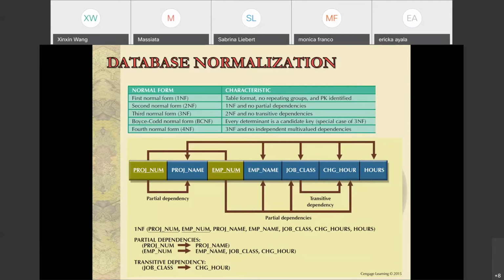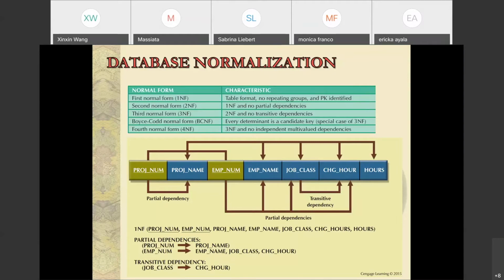Next is also an example to tell you how to identify this scenario. In this relational database, the first step is we find the primary key. The primary key is in the blue color, in the green color, and with a line underneath it, right?